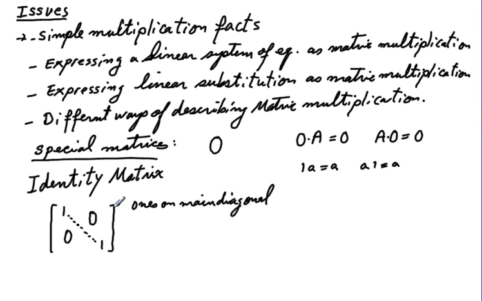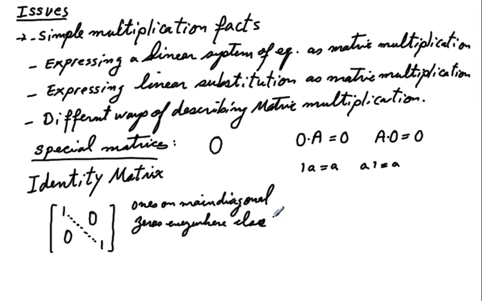Each rectangle has 2 diagonals, or each square has two diagonals. We are just calling this the main diagonal, and the second one we are not really going to deal with. So ones on the main diagonal and zeros everywhere else.